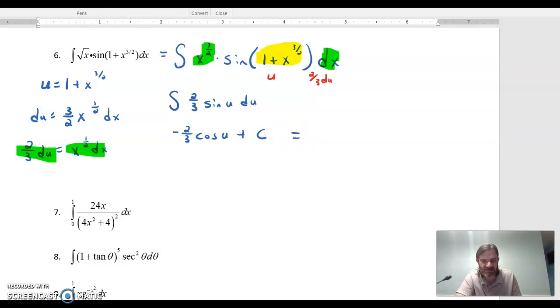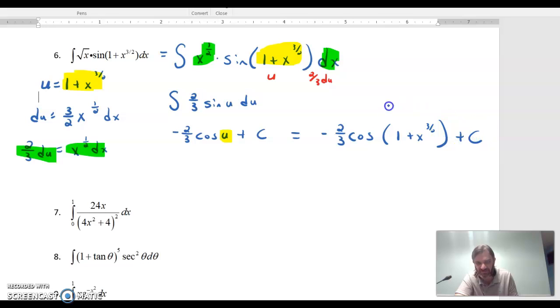But then I gotta take my u back to what it was, the 1 plus x to the 3/2. So in the end I'll have negative 2/3 cosine of 1 plus x to the 3/2 plus c. Don't forget about that plus c, because we don't have endpoints.